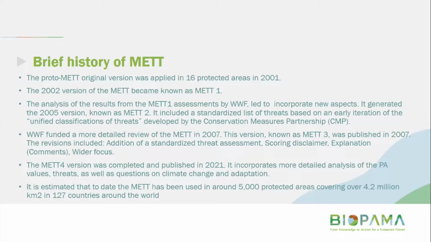One of the main changes is that it stopped being a questionnaire only and became an Excel file, which provides several benefits for the implementation of the tool, such as that you have to complete the whole assessment and you cannot pick and choose the questions that you want to fill out, while always providing an option for questions that do not apply for a particular site or a particular assessment.